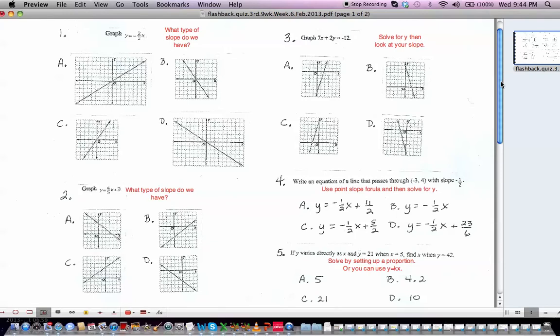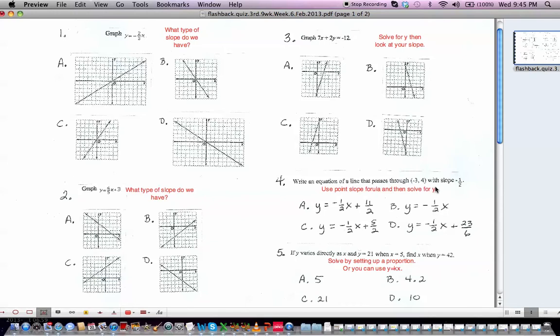Okay? Number 4, write an equation of a line that passes through negative 3, 4 with the slope of negative 1/2. So what you want to do is use the point slope formula and then solve for y. Point slope formula is y minus y1 equals... I have this written down for you, and Miss Holder will give this to you, the point slope formula.